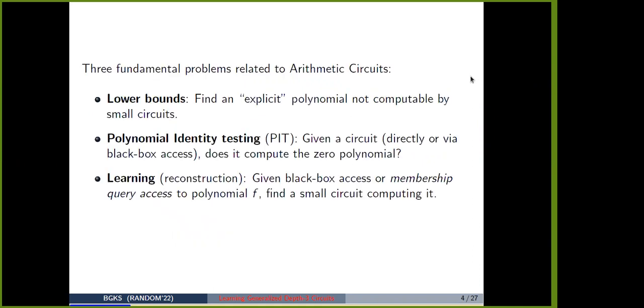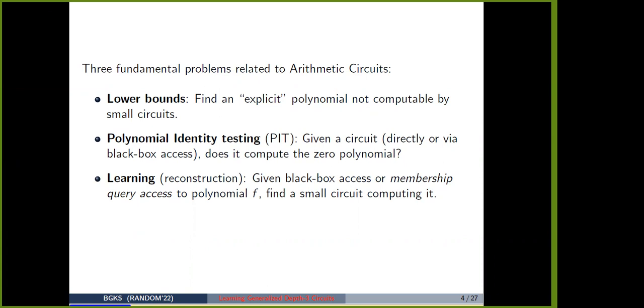There are three fundamental problems related to arithmetic circuits. One is lower bounds, in which you have to find an explicit polynomial which is not computable by small circuits in your class. Another is polynomial identity testing, in which you're given a circuit either directly or as black box access, in which you can evaluate it at any point you like, and the aim is to test if that polynomial computes the zero polynomial or not.